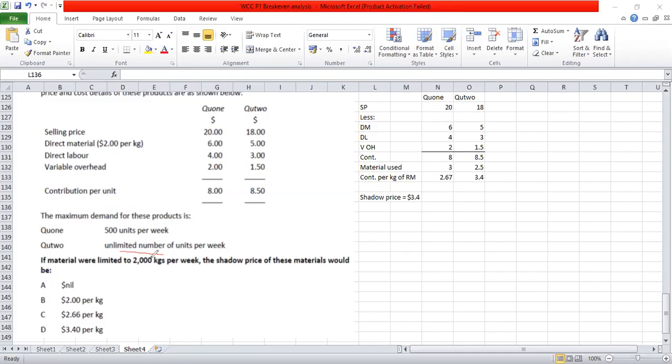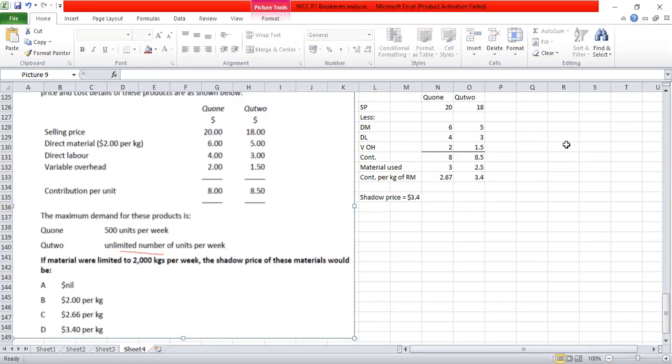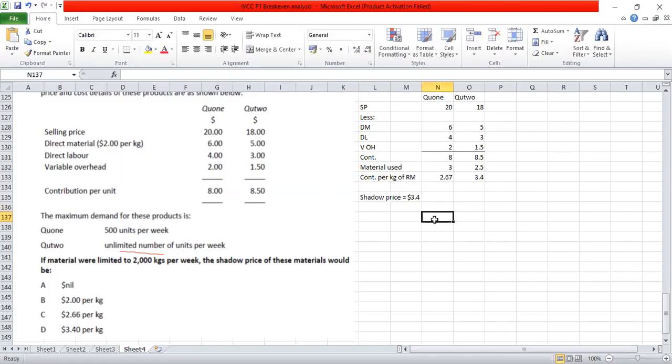See, 2000 kgs of material. Let's take Q1. If 500 units are used, the material requirement for every single unit is 3 kgs, isn't it?